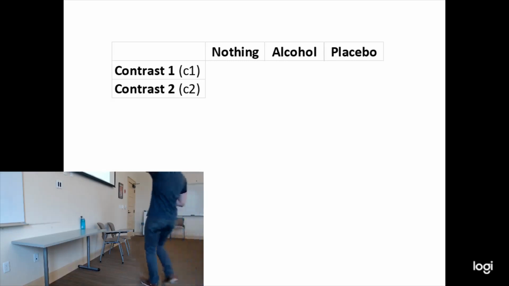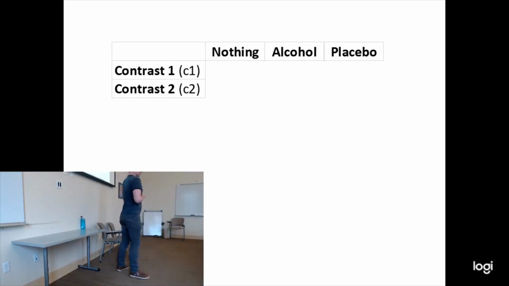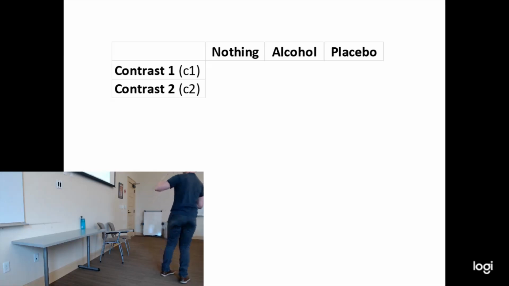For one part of our predictions, that alcohol will have an effect as compared to nothing, we ought to be able to replace alcohol with a number and nothing with a number, just as long as they're different. That'll capture that comparison. So that at least gives us a starting place for how to replace these text labels with numbers.